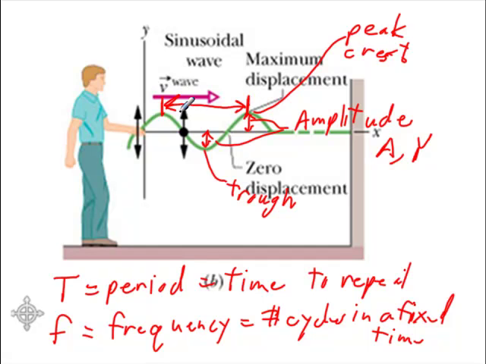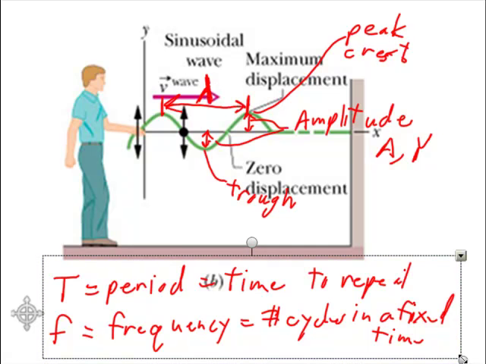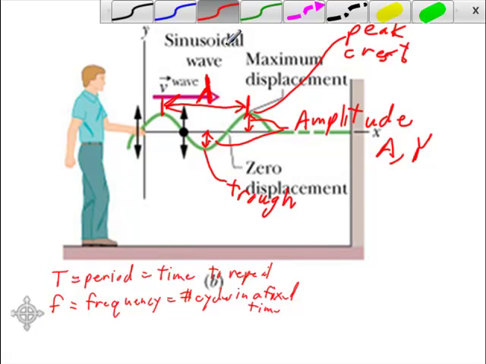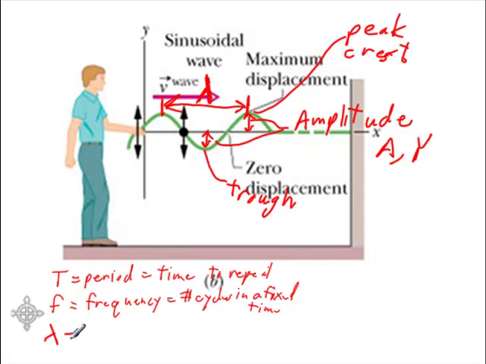And it's known as the wavelength, written with a lowercase Greek letter known as lambda. And that's the distance for a cycle.